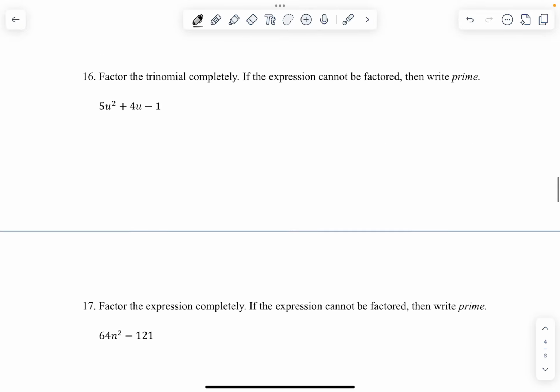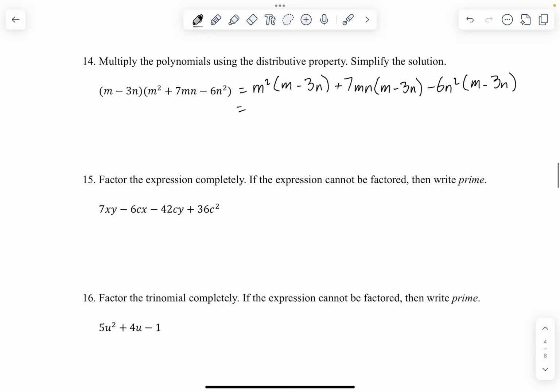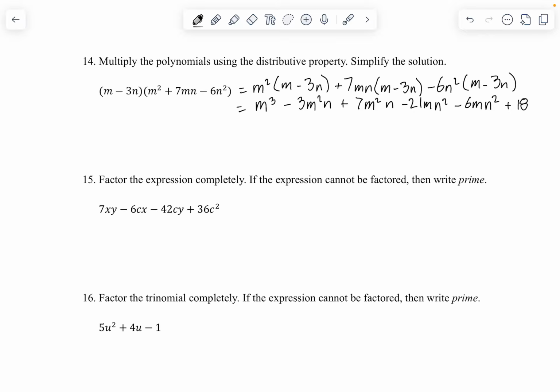Then I can distribute. Oops, sorry. So this first one becomes m cubed minus 3m squared n. Then over here I get 7m squared n minus 21mn squared. Then over here I get negative 6mn squared plus 18n cubed.